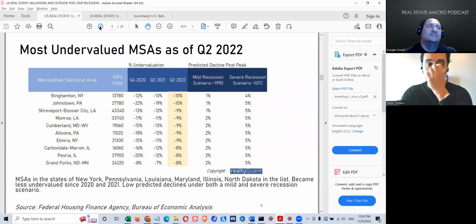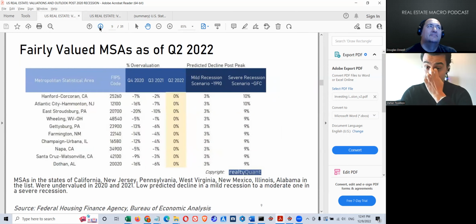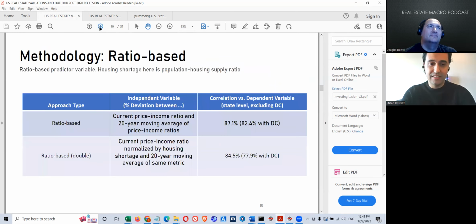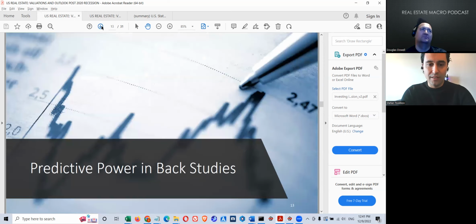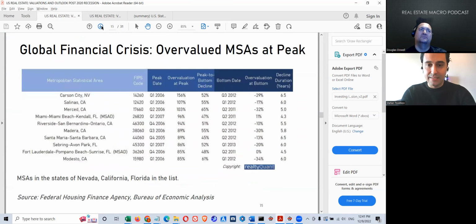And this is not something that I make up. This is based on these correlations that are shown, like 87% and such, from back studies. For instance, here is the global financial crisis: most overvalued metro areas declined like 40 to 60%.